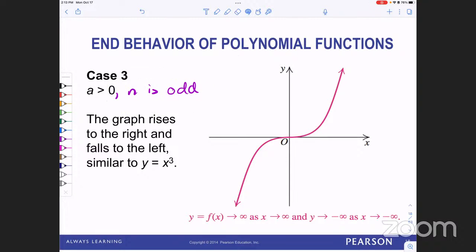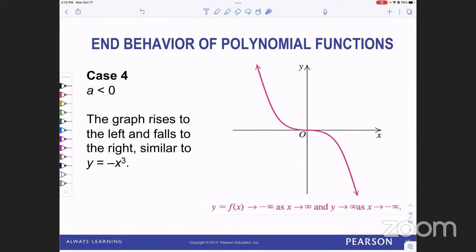The leading coefficient being positive means our graph goes up to the right. Because the degree of our power function is odd, the other side is going to do the opposite. So if we go up to the right, the other side is going to go down to the left.